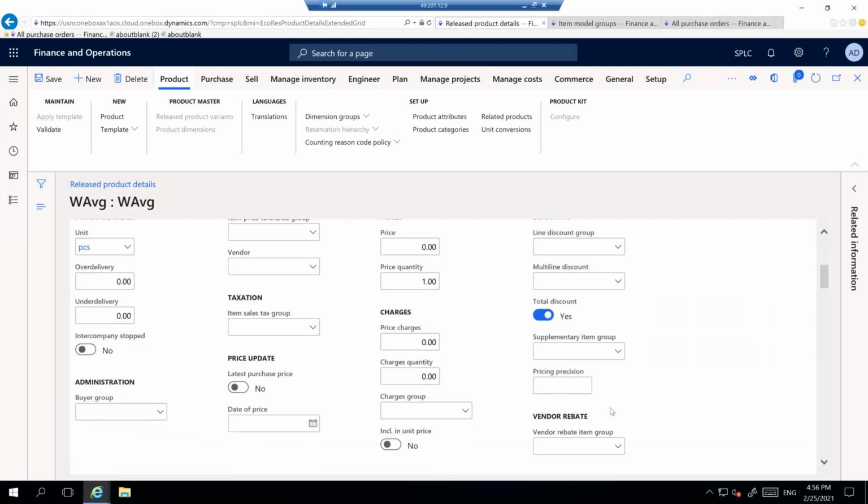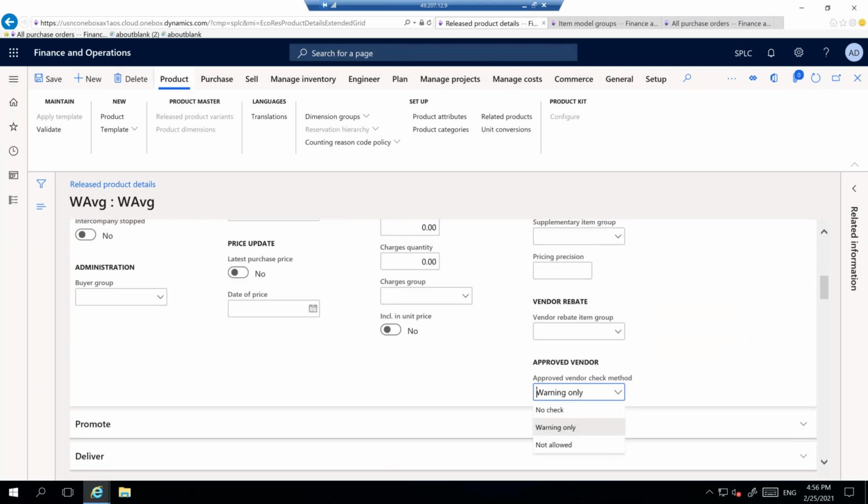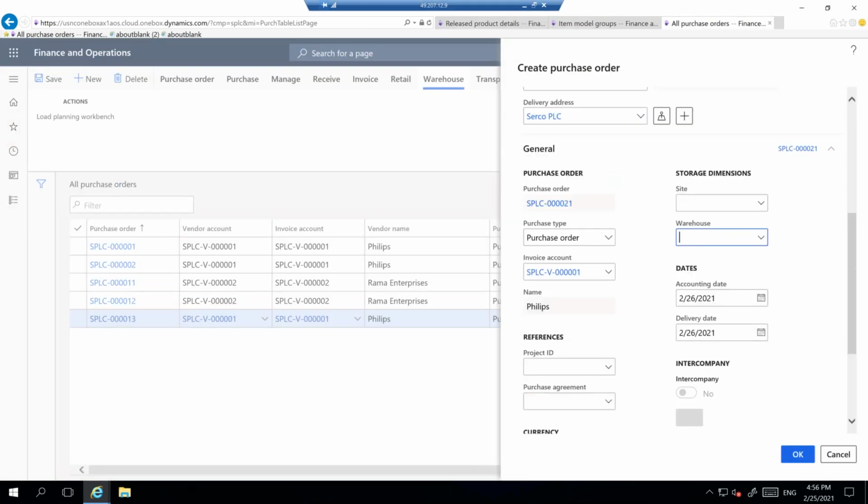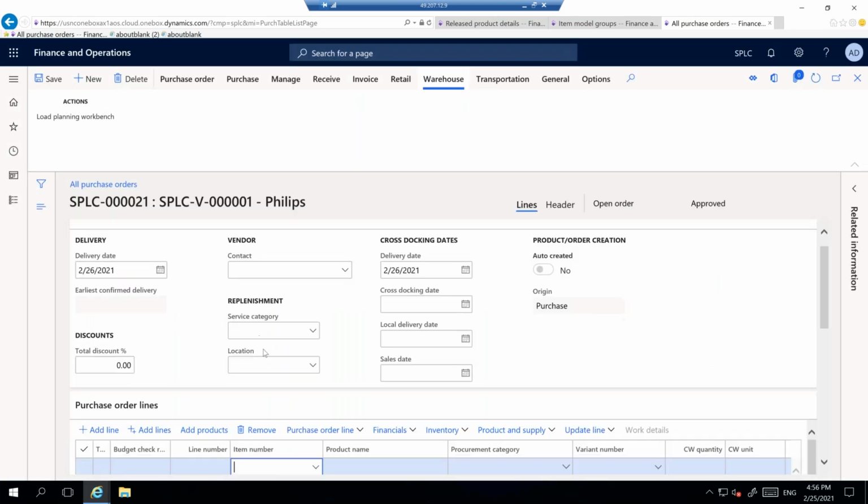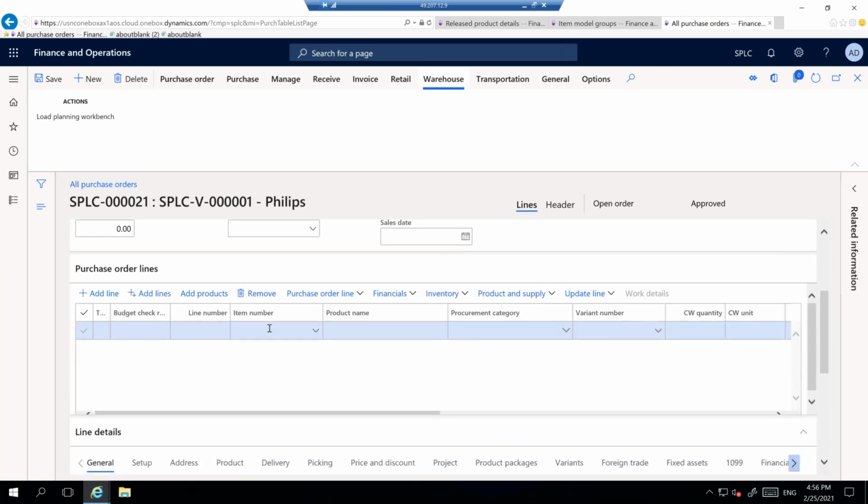I don't want a warning, I want no check. You know this already. Site and warehouse. Let me select the item. Weighted average I'm selecting.